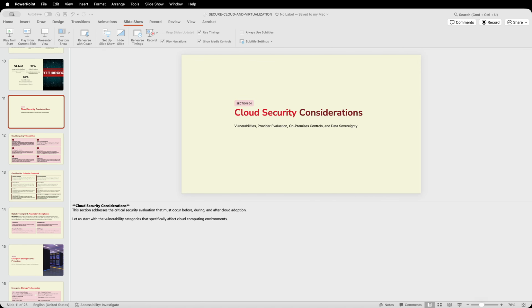Both outsiders accessing the cloud through the internet and insiders at the provider who have logical or physical access to infrastructure represent a potential threat vector. A security professional must evaluate what authentication mechanisms are enforced, such as certificate-based, biometric, or MFA, multi-factor authentication, how privileged access is managed, and what background check and access review procedures the provider maintains for their employees.